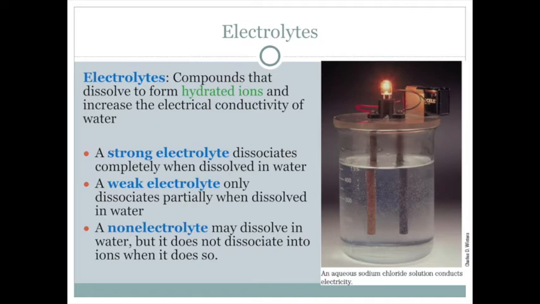Okay, we're going to be looking at different types of electrolytes. We're going to talk about strong electrolytes, weak electrolytes, and non-electrolytes. An electrolyte is just a compound that dissolves in water and forms ions or hydrated ions, so it'll increase the electrical conductivity of water. Pure water by itself is a poor conductor of electricity.